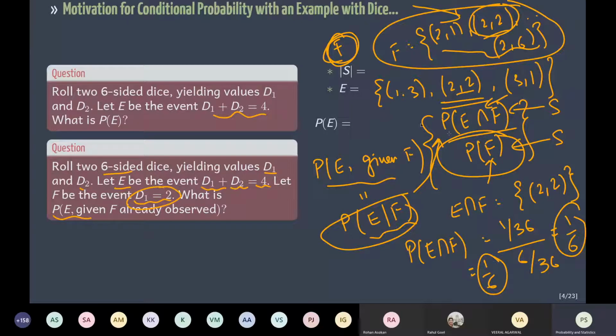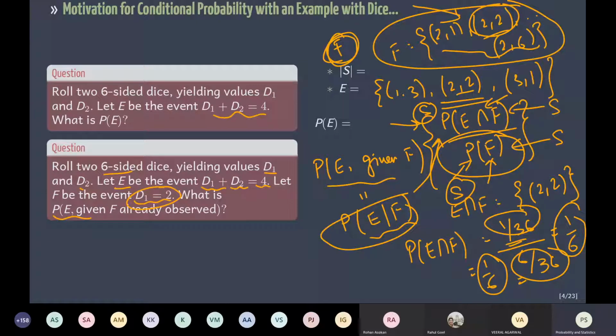Another way is to use this formula: the probability of E intersection F over S, the sample space, divided by the probability of F over S. Then it comes out to be 1 over 6. So this is the idea behind conditional probability.